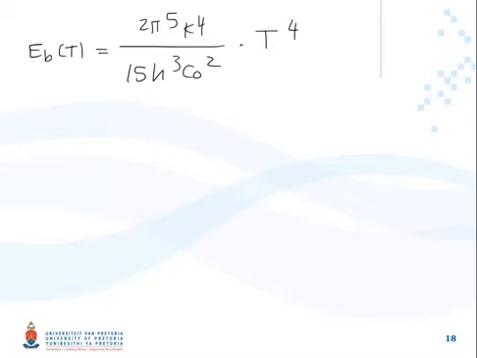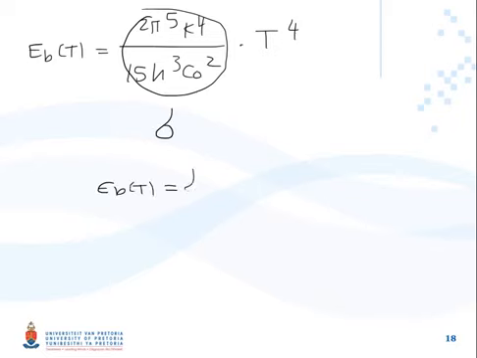Okay, we call this one sigma, Stefan Boltzmann. So E_b(T) is equal to sigma T to the power of 4. Yeah, so black body emissive power.